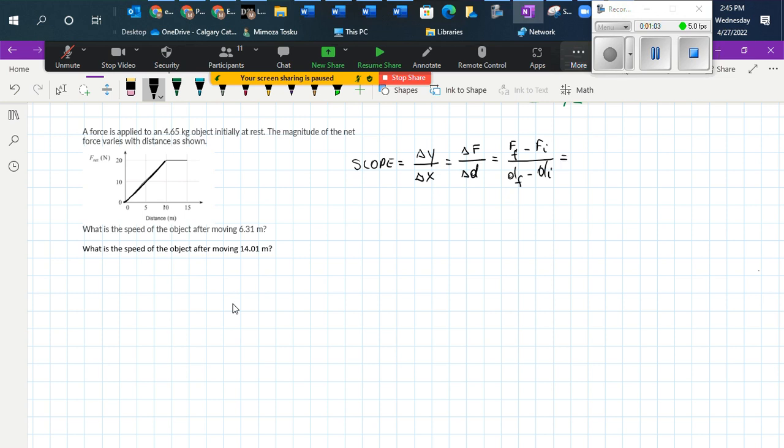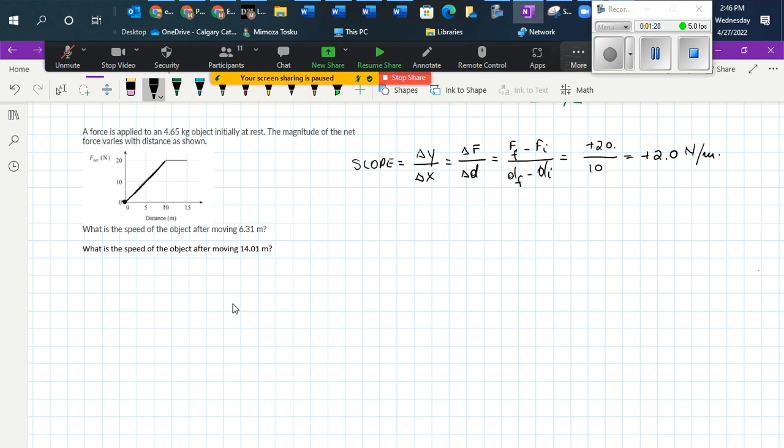Since force initial and d initial are equal to 0, this will be positive 20 over 10, which is positive 2. And if we find the units, it will be 2 newtons per meter.